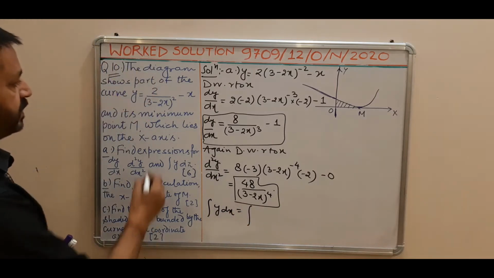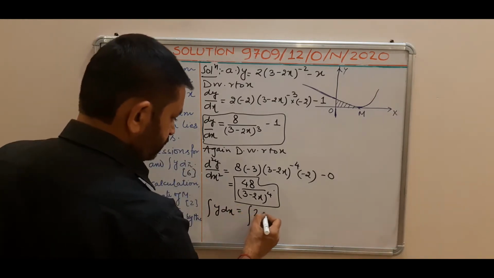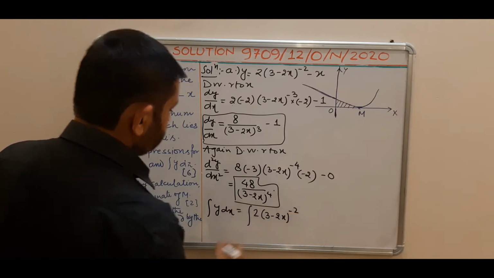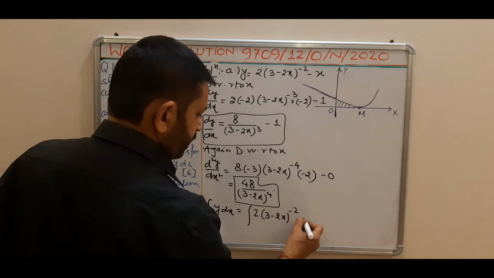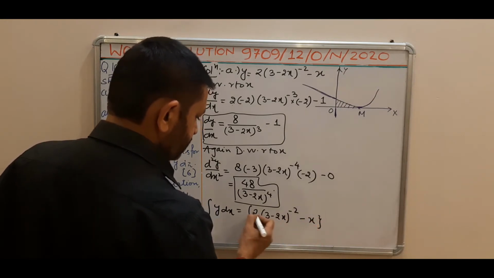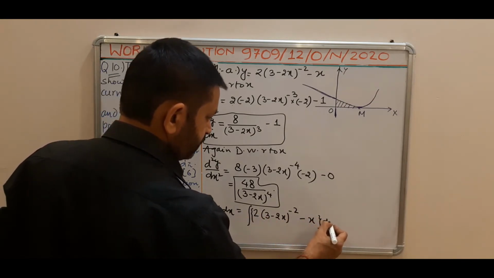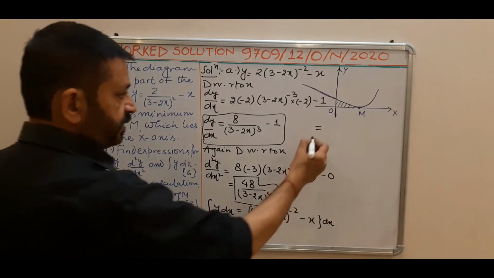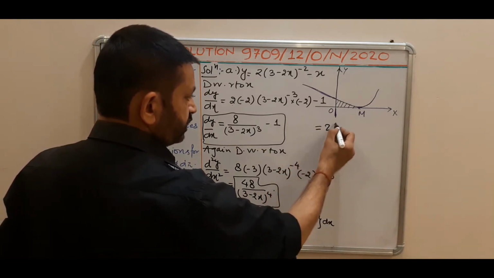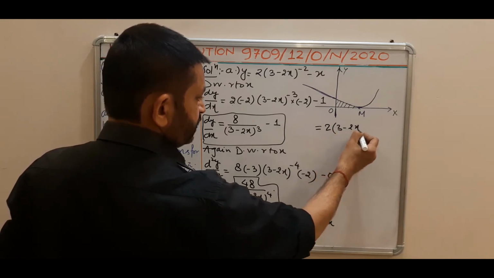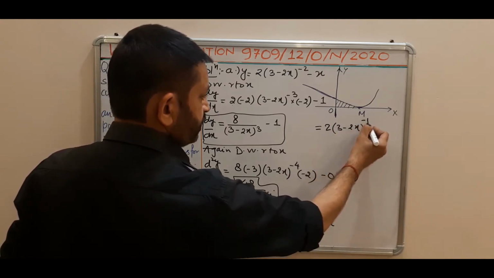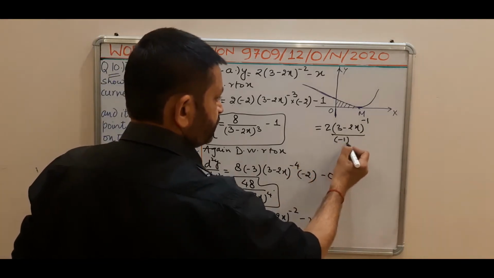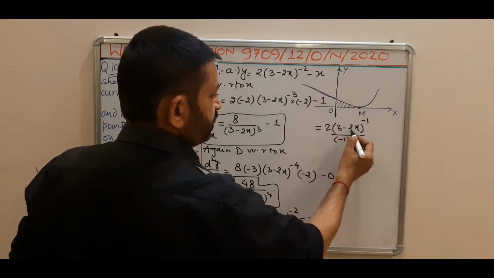It means the integral of 2 times (3 minus 2x) to the power minus 2, minus x, dx. So this will be 2 times (3 minus 2x) to the power minus 2 plus 1, over minus 1, into this minus 2.